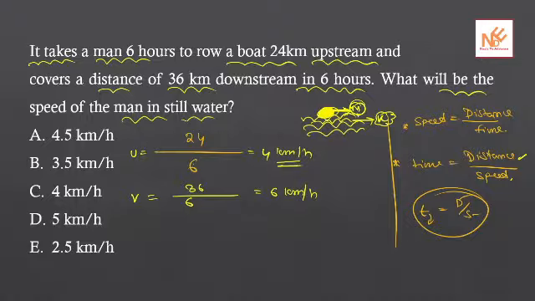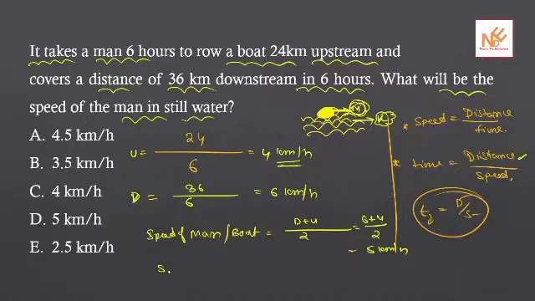Then how to find the speed of the man, or the speed of the boat? If the speed of the boat is asked, then it is (d plus u) divided by 2. So (6 plus 4) divided by 2, that is 10 divided by 2, equal to 5 kilometer per hour.